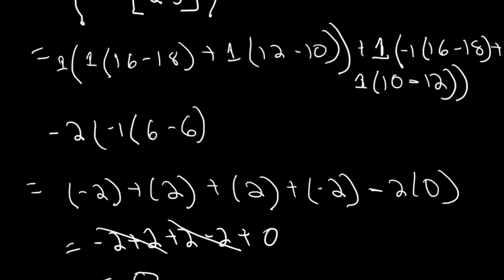When it's 0, that means it's linearly dependent when your determinant is 0. Also, I'm sorry if that was a little chaotic, but that one was pretty long.